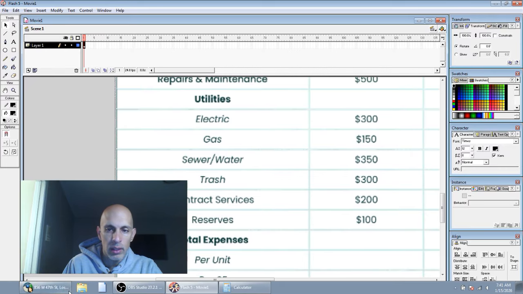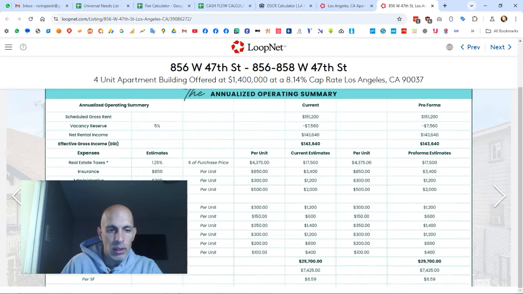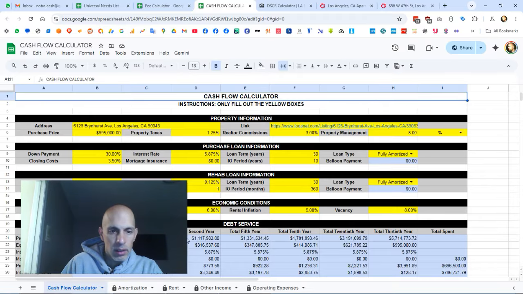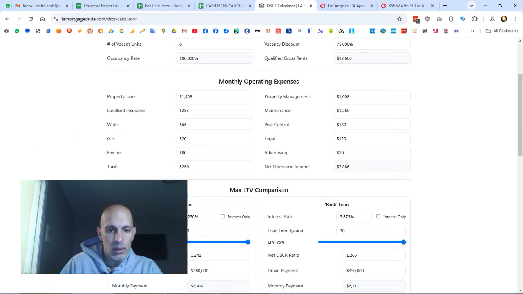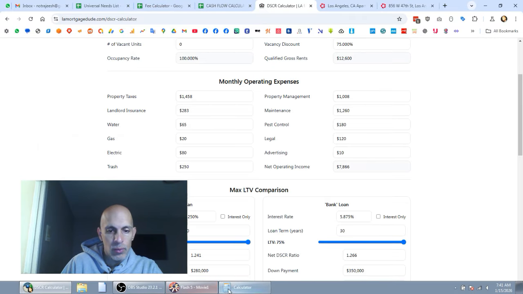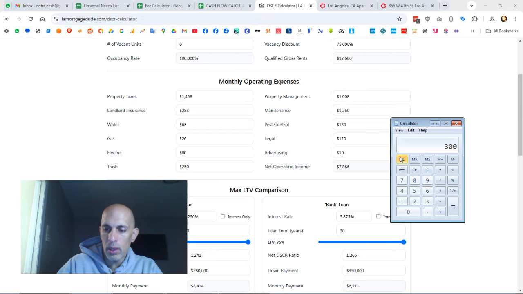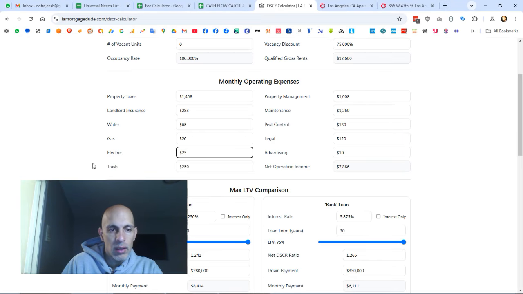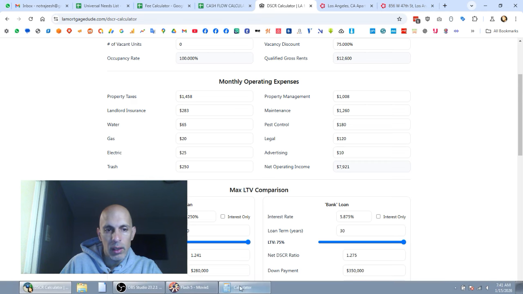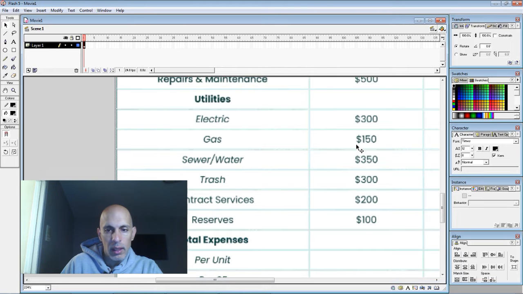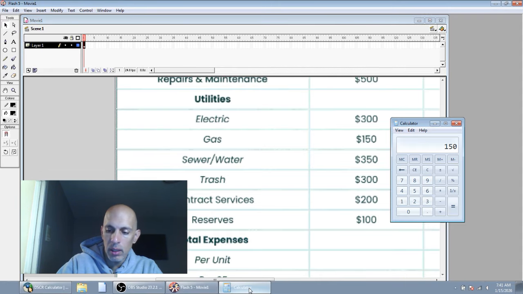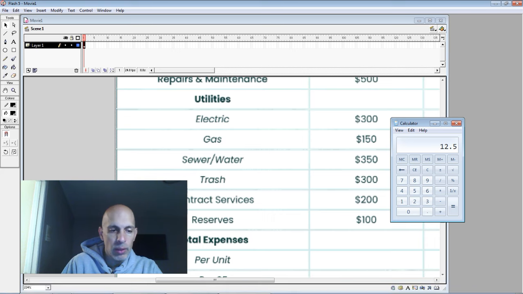So electric is 300 a year. Where is this thing? 300 divided by 12 is 25. And then we have gas. Gas is 150, 12.5 per month.